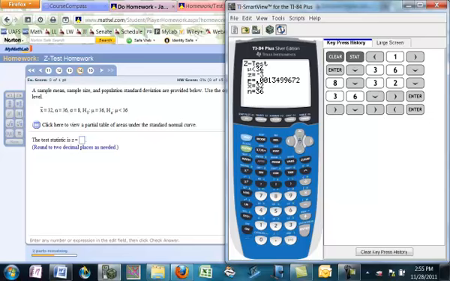If I hit calculate, it will calculate, well, everything we need here. We're testing for mu less than 36. The z value, that's the z value of our test. That's actually our test statistic, which is -3. That's kind of our z star value.